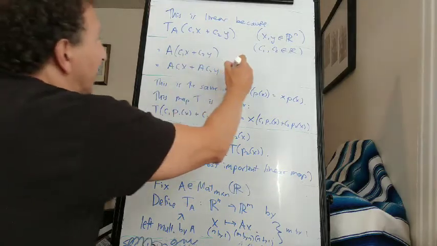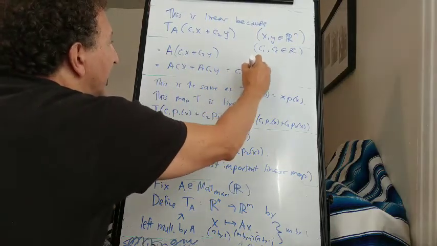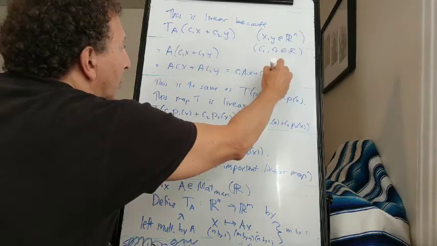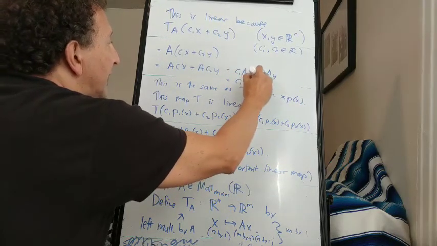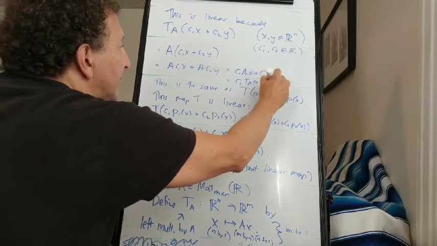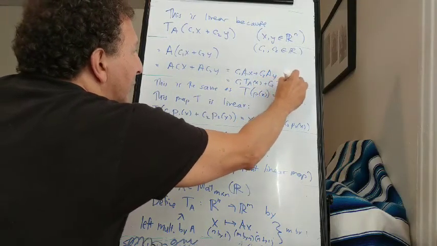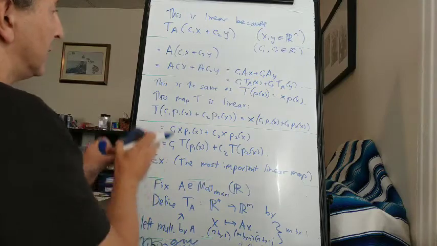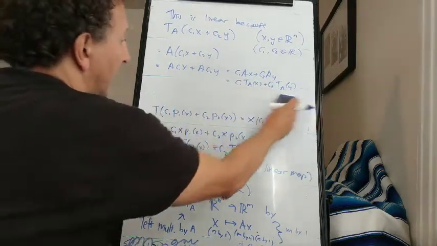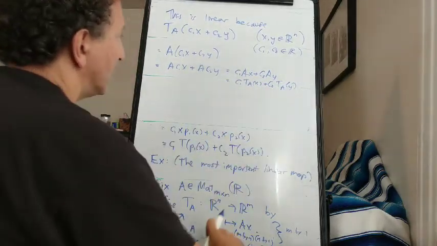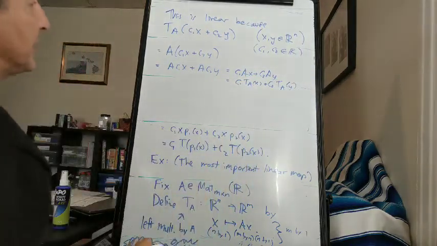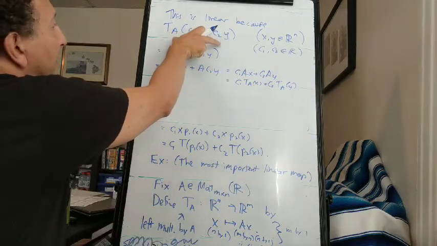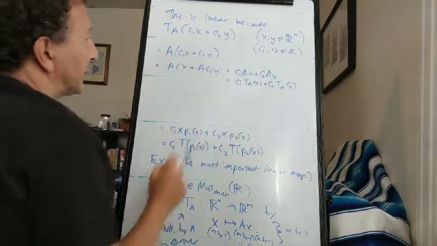And the scalars can come out here, which is c1 Ax plus c2 Ay, which is c1 times T_A of x plus c2 times T_A of y.